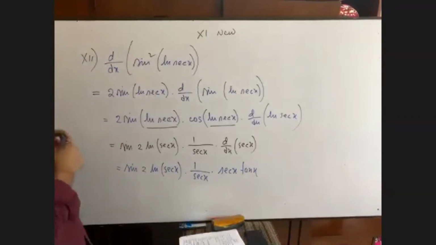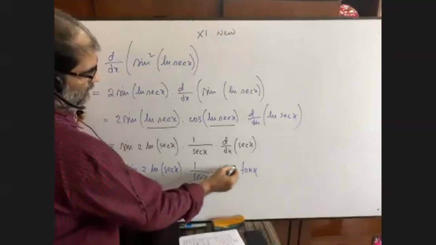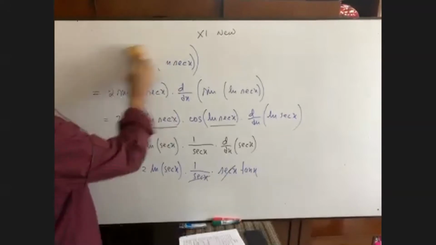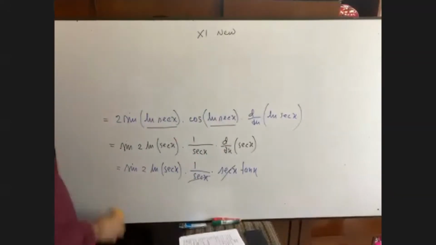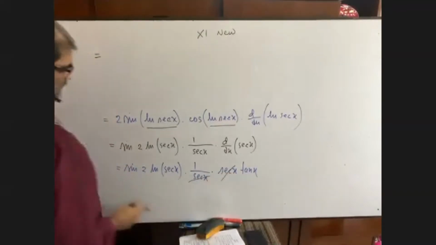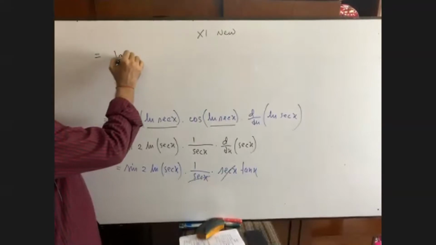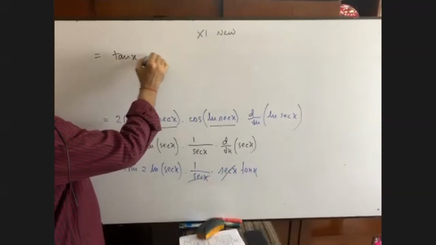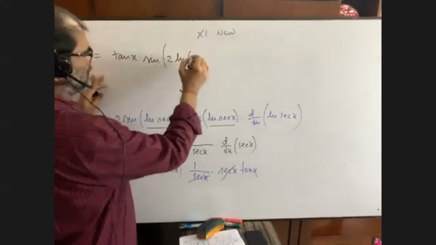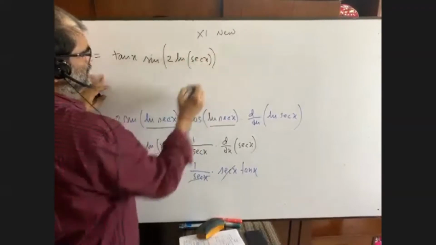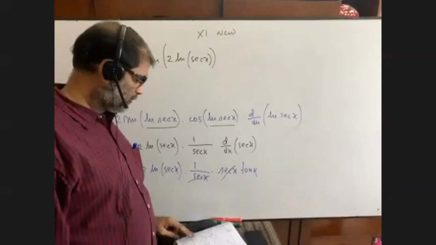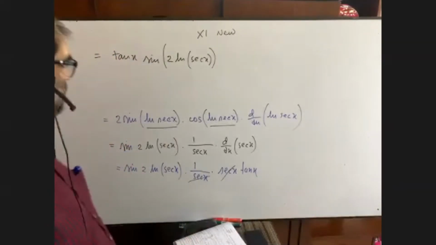Now we see they are omitted. Sec x will be omitted, and we are left with tan x. So it is sine 2 ln sec x times tan x. Okay, this is the answer. Yes, we are absolutely right.